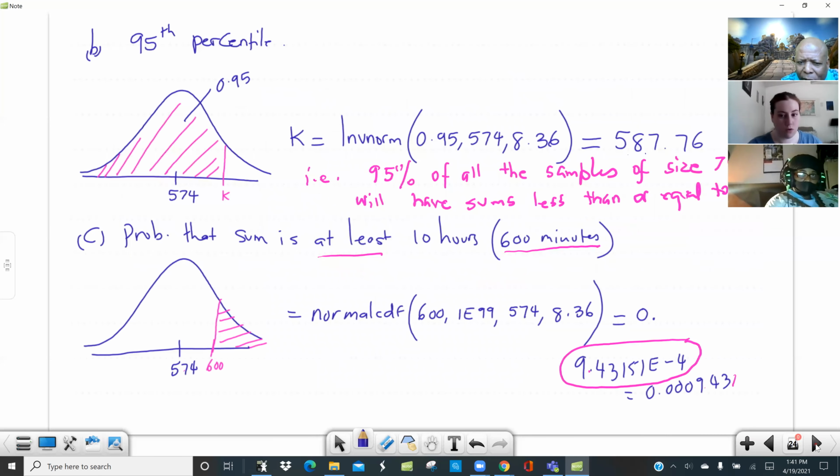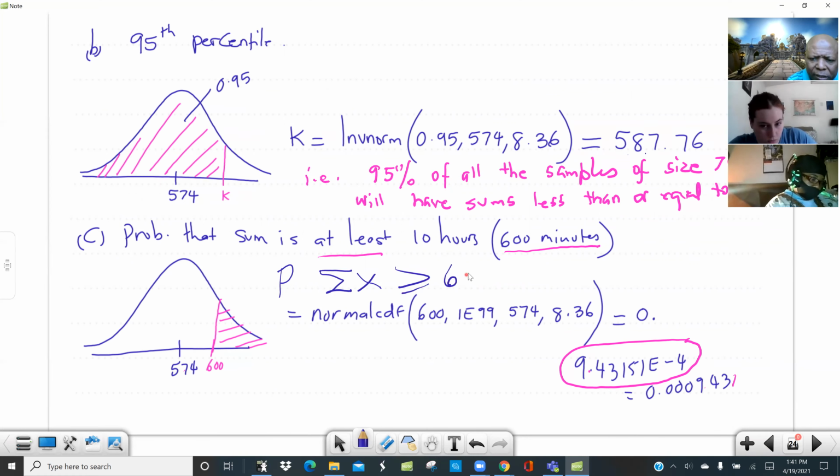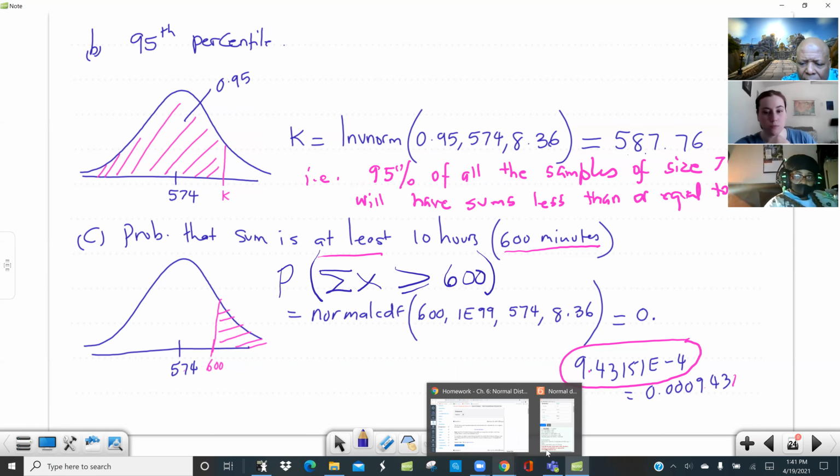By the way, what does at least mean? At least means more than. So this is the probability that the sum is bigger than or equal to 600. Yeah, at least something means something or more. So we want the area to the right of 600.